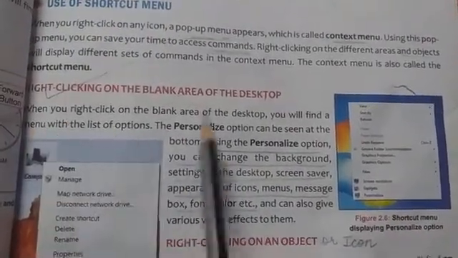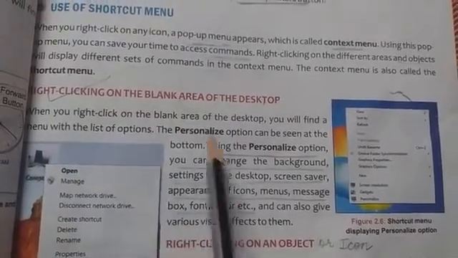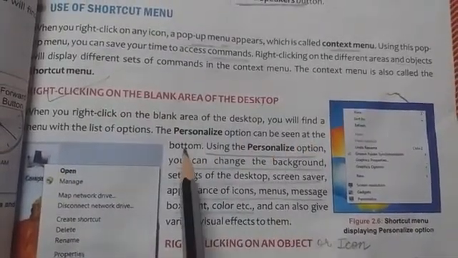When you right click on the blank area of the desktop, you will find a menu with a list of options. The personalize option can be seen at the bottom.